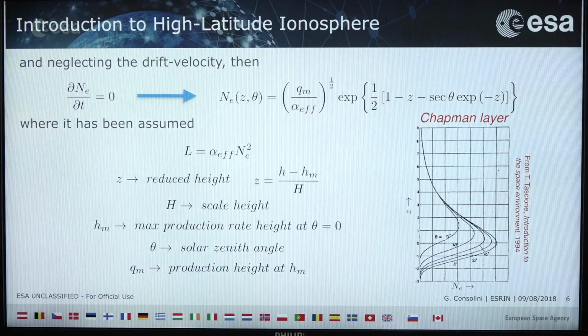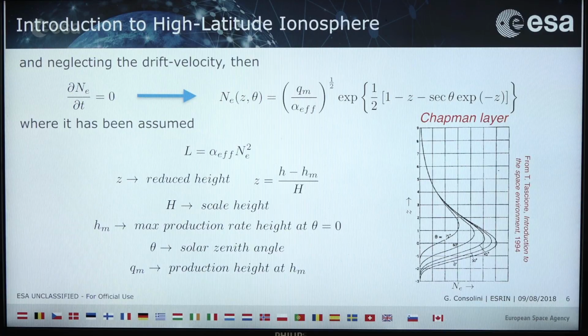In this case, this is called the Chapman layer. Going from the ground into the ionosphere, we can see that we have a maximum density at a certain specific height. So this is the mathematical expression.